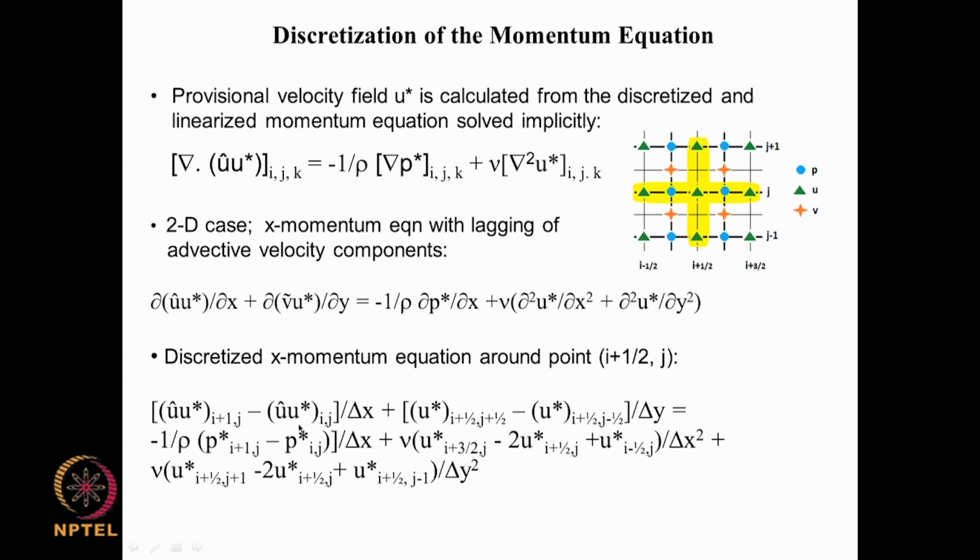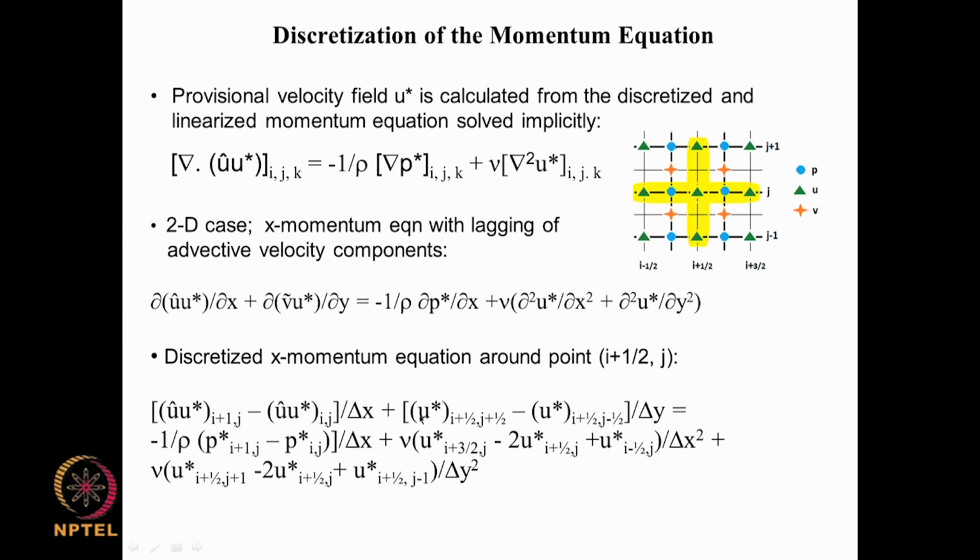If that is positive, then u star at I plus 1 here is taken to be u at I plus half j, and similarly u star at I, which is this point here, is taken to be u at I minus half j. But the coefficient here is evaluated as the average of these two and the average of these two here.